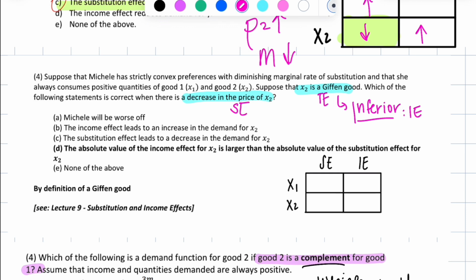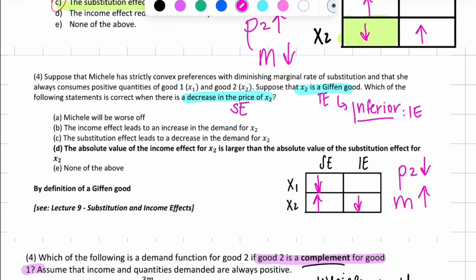So since we have P2 going down, we know that our demand for X2 is going to go up, opposite of price change, and X1 is going to be the opposite of X2. Then we have that it's an inferior good. So since our prices are going down, our income is ambiguously going up because things are getting relatively cheaper. Since income is going up and X2 is an inferior good, we're actually going to consume less of X2.